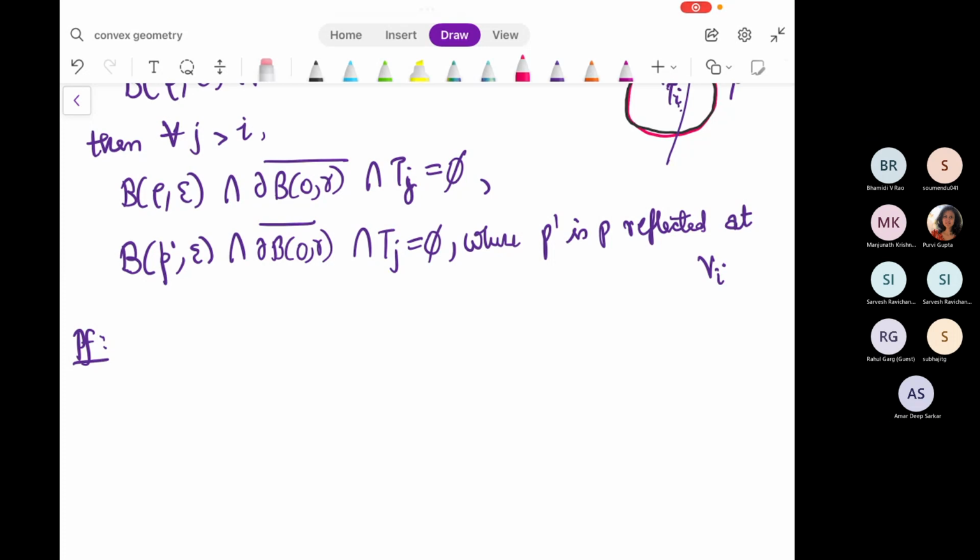Okay. So what you do is the following. First of all, it suffices to show it for j equal to i plus 1. Now, what do you do? Remember, it's again all about the perpendicular lines.